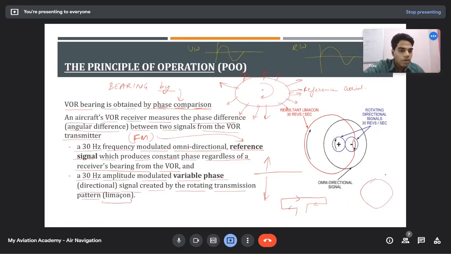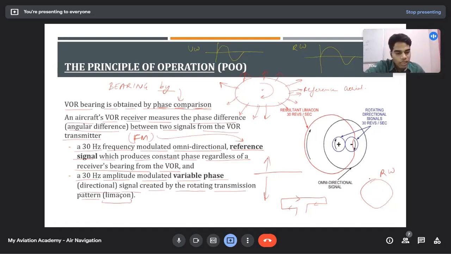This is because of the reference signal or the reference wave we'll talk about. The second polar diagram is because of the variable signal or variable wave. Now that creates this different one. Okay, this circle has one direction of rotation, and this one is small.